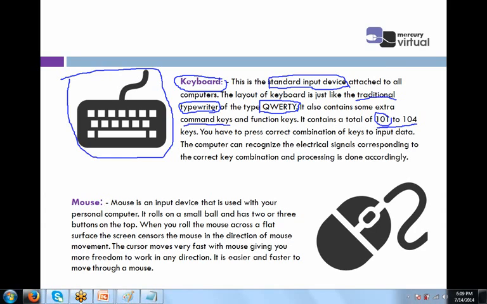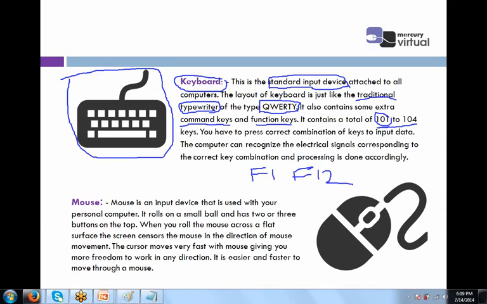Command keys include Alt, Tab, also known as special keys. Function keys F1 to F12 are at the top of the keyboard panel. It starts at F1 and ends at F12.